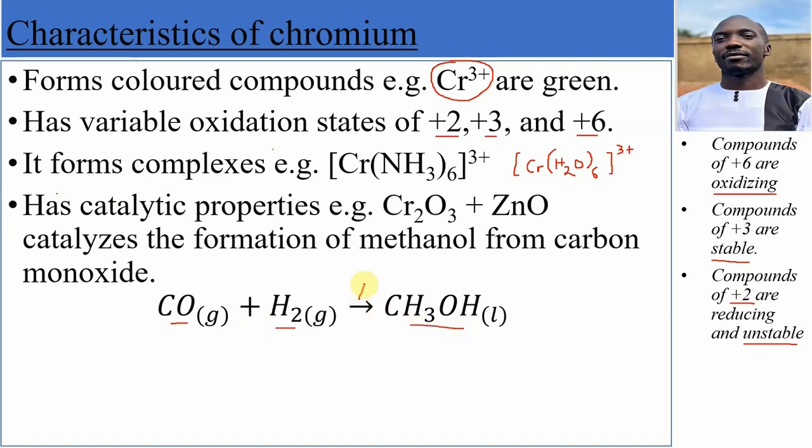On the bridge here, that's where we have our mixture. Remember, a catalyst does not take part in the chemical reaction. It just speeds up the rate of reaction. So that's why there is no need of showing it here. But if you are doing organic chemistry, you have to show the catalyst.